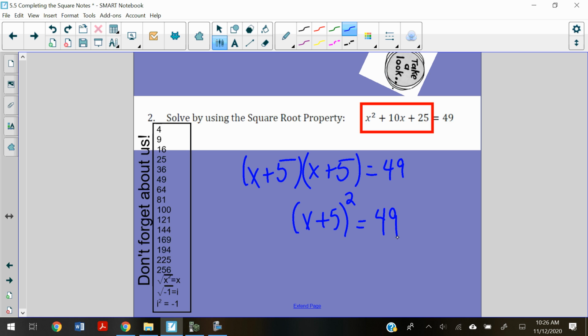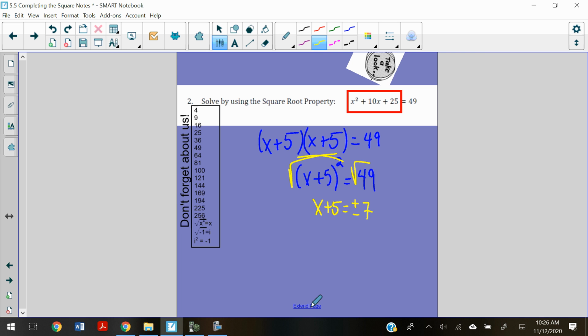Then, just like in the previous problem, we take the square root on both sides to cancel that square. Now we have x plus 5 equals the positive and negative 7. So I'm going to subtract 5 over. We really have two problems here: negative 5 plus 7 and negative 5 minus 7.